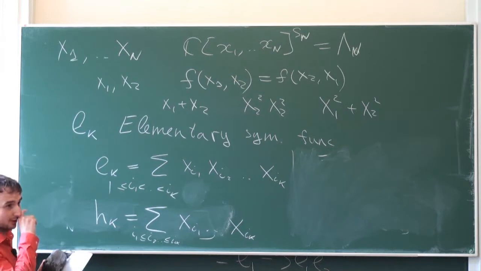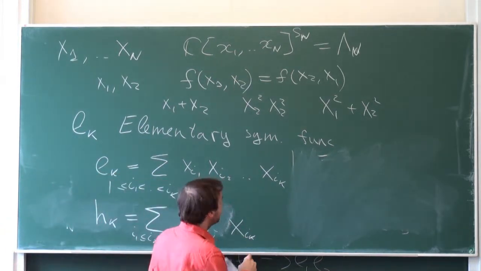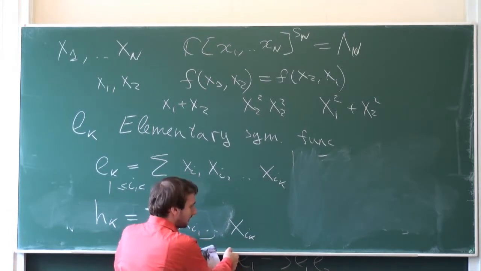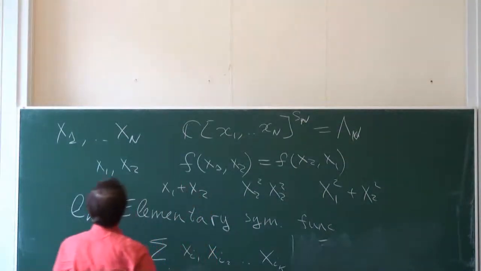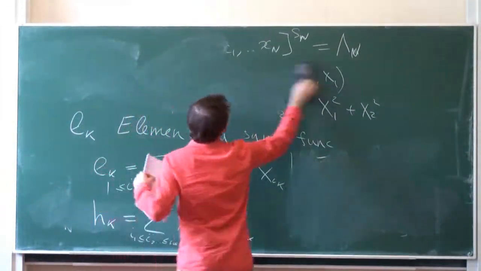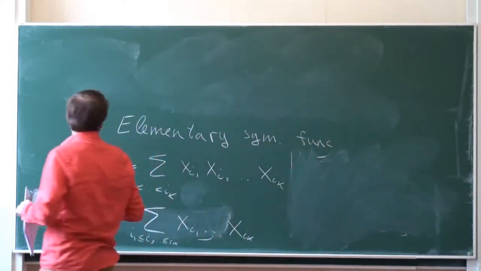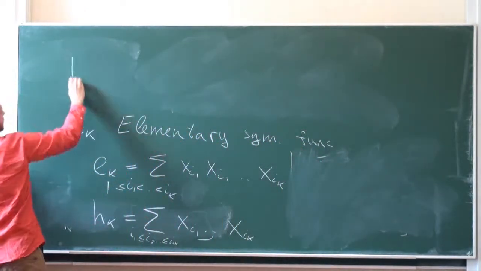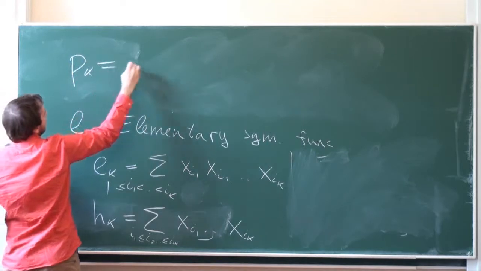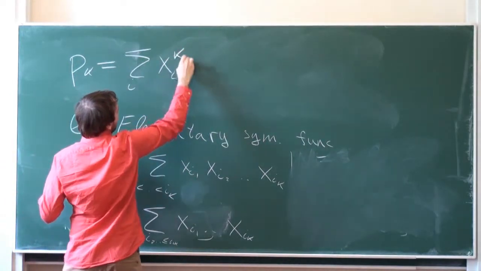Why they are complete we will understand in a second. Then there is another well-known family of symmetric functions, the so-called family of power sums. They are denoted pk, which is just the sum over all i of xi to the k.